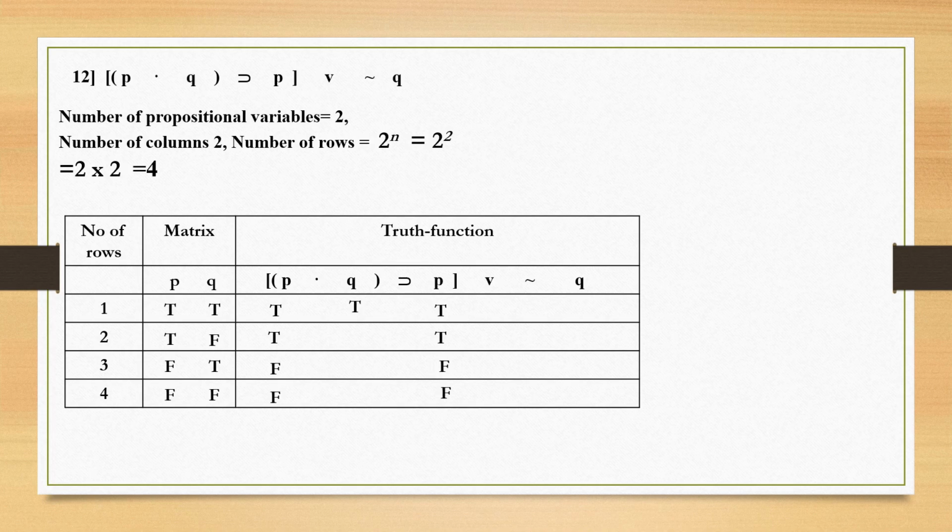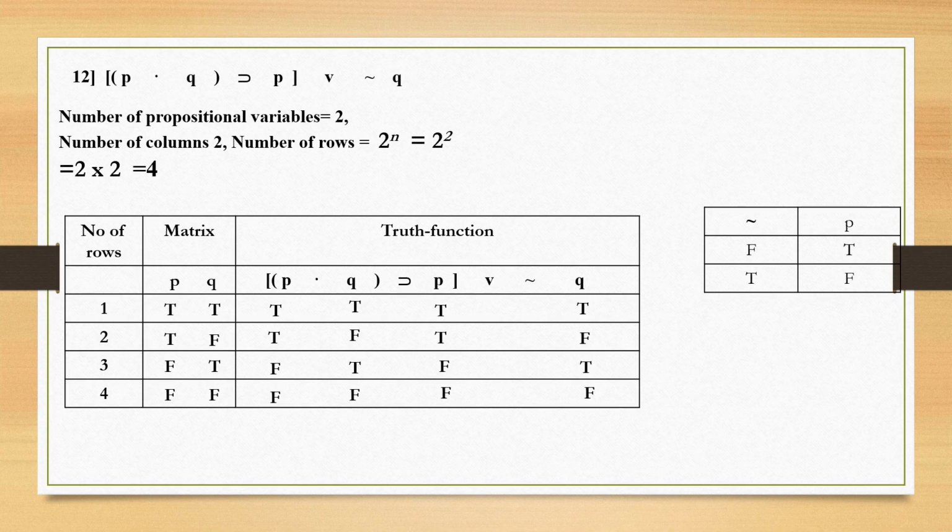P's value will be true, true, false, false, and Q's will be true, false, true, false. Both the Q's and both the P's values we have written. Now we have to negate the Q's value. Q is true, then its negation will be false. If it is false, then it will be true, and if it is true, then it will be false, and if it is false, then it will be true.